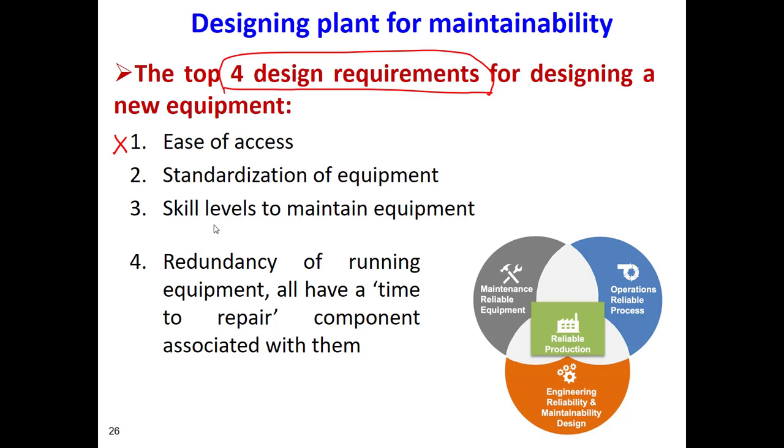Each equipment should be easily accessible, so we can repair, change, or replace it easily. Second, standardization of equipment: all the equipment has to work under standard design conditions. We also have to evaluate the skill level that is needed to maintain that equipment, and report this.